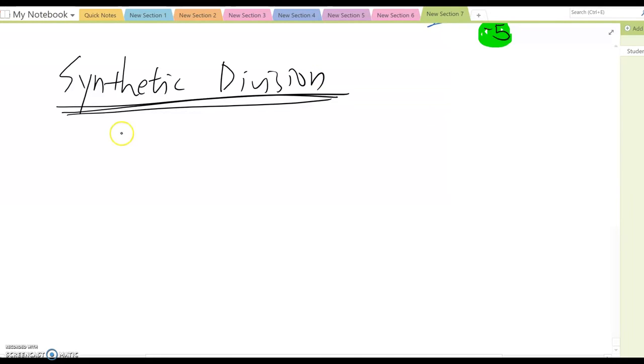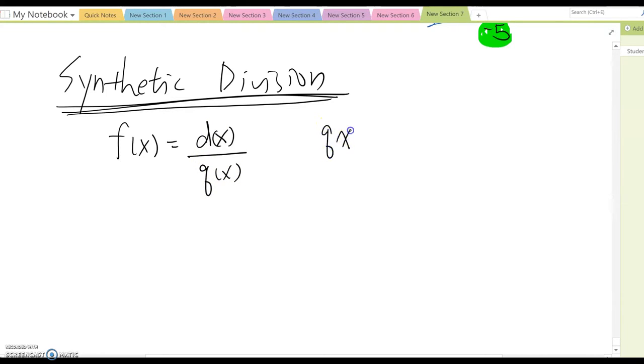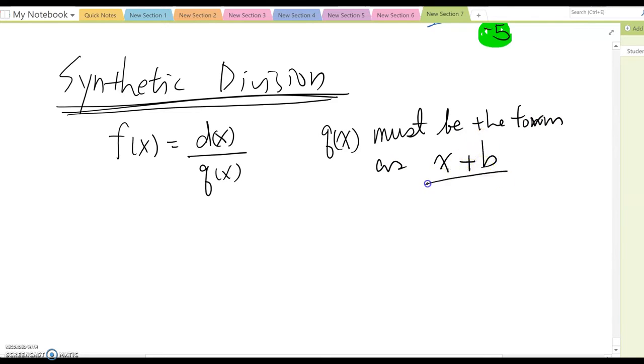Okay, so any f(x) is given, maybe d(x) over q(x), then q(x) must be of the form x plus b, which means the degree of this divisor must be 1. That's the key point. It cannot be square, it cannot be cube either.